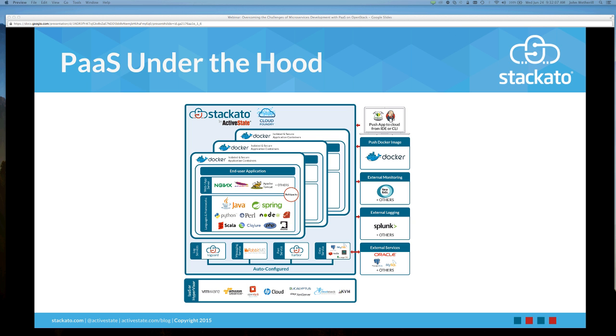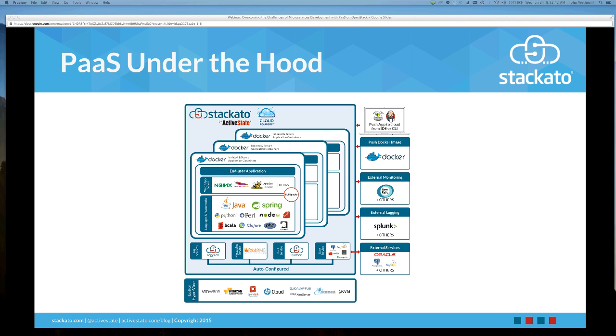But it does tie or work very well with OpenStack, and it hooks into it for things like scaling and some other features. Above the infrastructure, this is where the PaaS itself comes into play. You can see it provides instantly a number of languages and frameworks and runtimes and containers that are available instantly for the applications to use, such as languages like Java and Perl and PHP and Scala, etc. These are all provided out of the box.